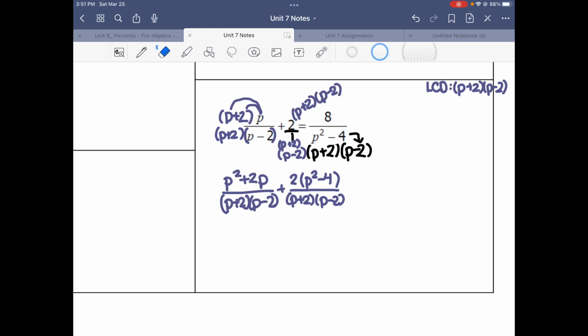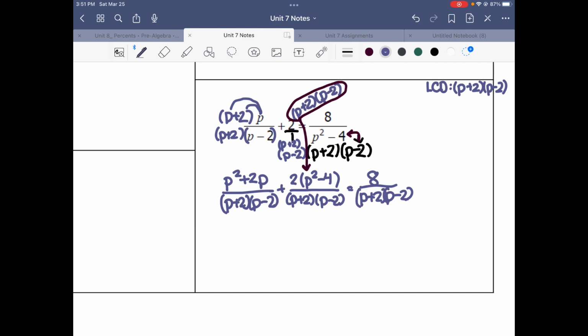Because if I knew that that was the factored version, it really means that these two are the same thing and they are interchangeable. To find the least common denominator, I just needed the factored form. So instead of writing p plus 2, p minus 2, I'm writing p squared minus 4 because they are the same thing. And then the other side didn't change, so it's still 8, p plus 2, p minus 2.